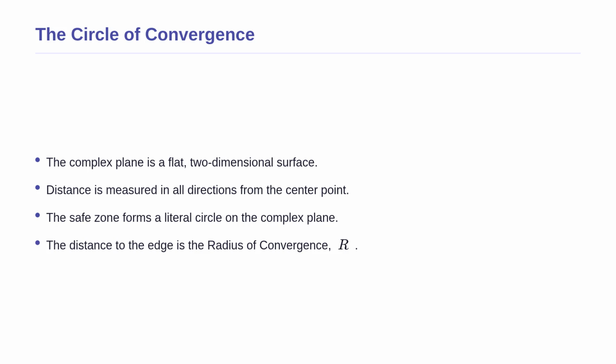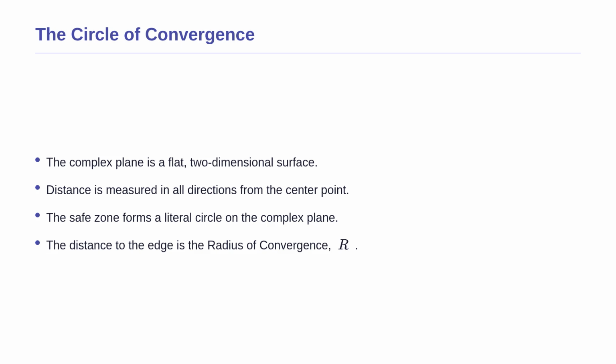Because we are working in the flat, two-dimensional complex plane, distance is measured in all directions from that center point. This means our safe zone is not just a simple line segment, but a literal circle drawn on the complex plane. We call this the circle of convergence.